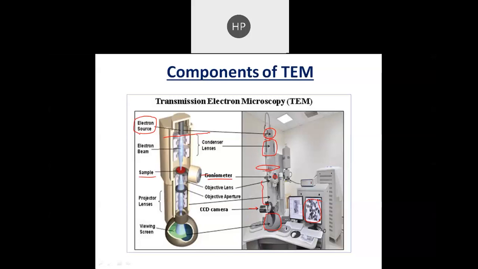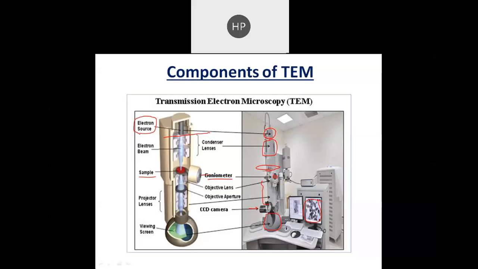All these detectors are placed around the specimen, and the various electrons will be collected and converted into some form of image.